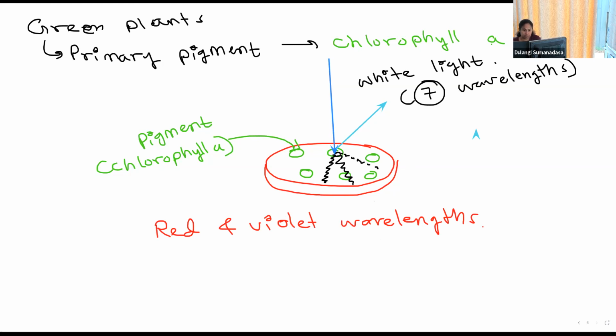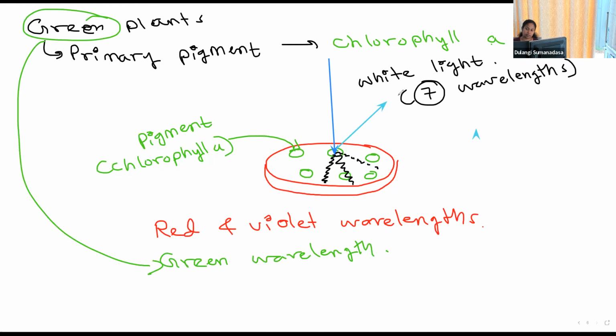Some of the wavelengths are just partially absorbed, we don't need them much, but one spectrum is going to be reflected, because it's the least important wavelength for the chlorophyll A, everyone knows this, yeah? It is the green wavelength. So why are the green plants green?